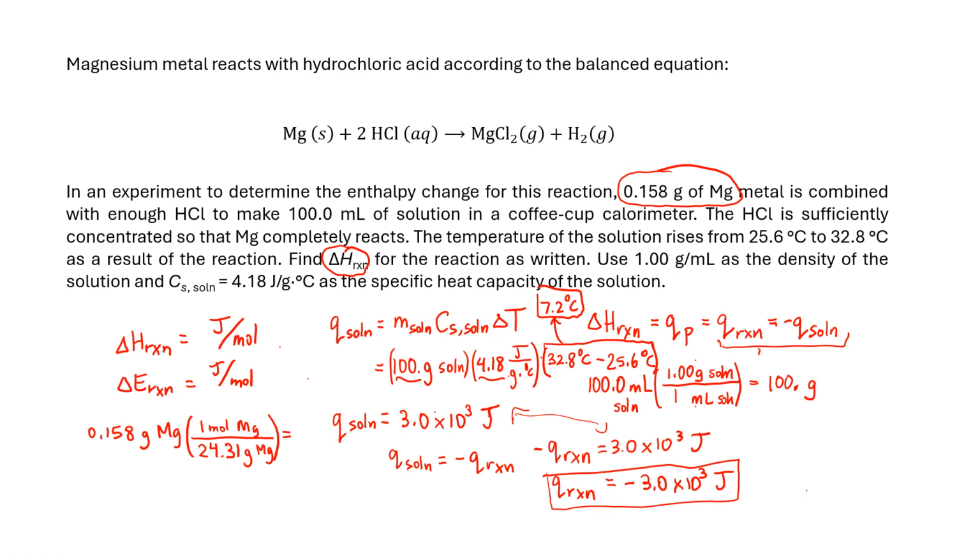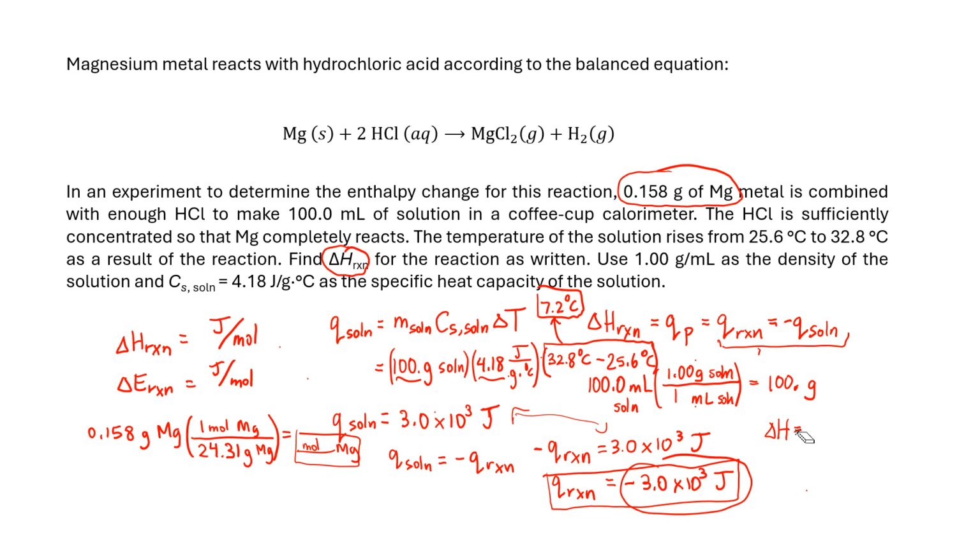And whatever that answer ends up being, I don't have that worked out, but you get a certain amount of moles of magnesium. And then you just take the negative 3.0 times 10 to the 3 divided by the amount of moles to get you kilojoules per mole or joules per mole.